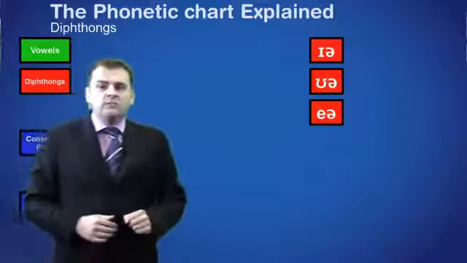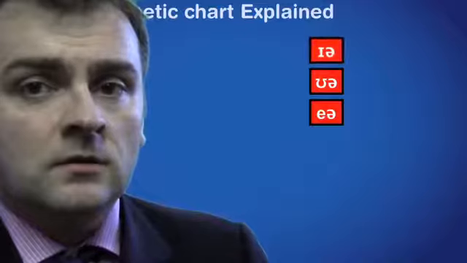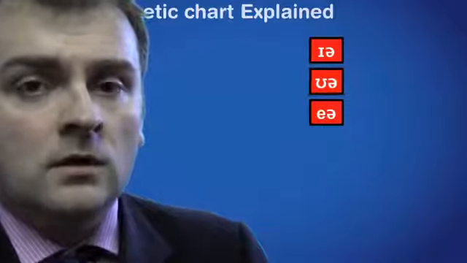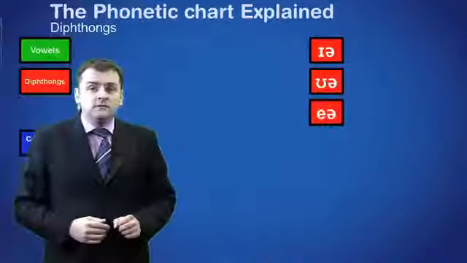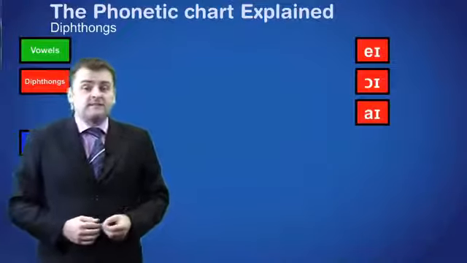In the first column, we have the sounds: ear, ua, and air. In the second column, we have the I sounds.